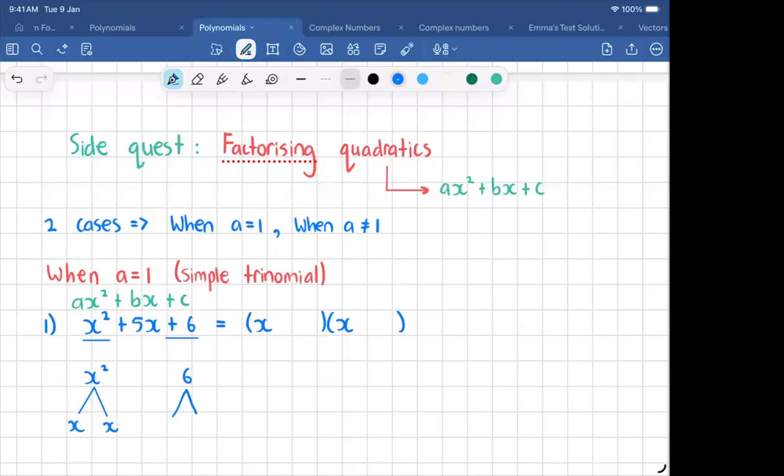Now I want to ask you, how could I multiply to get 6 and add to get plus 5? So I'll write it out here.